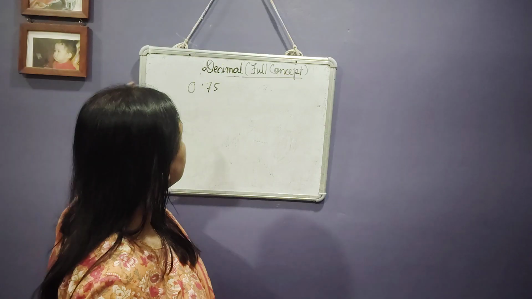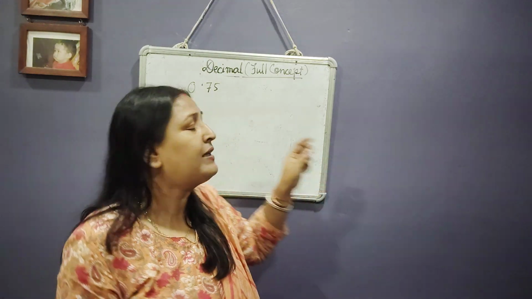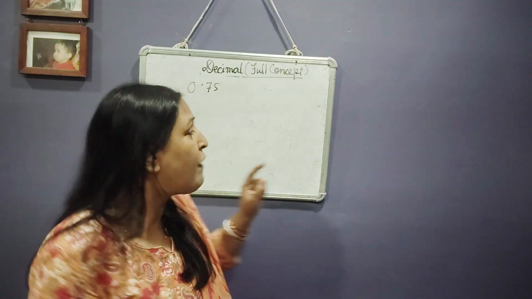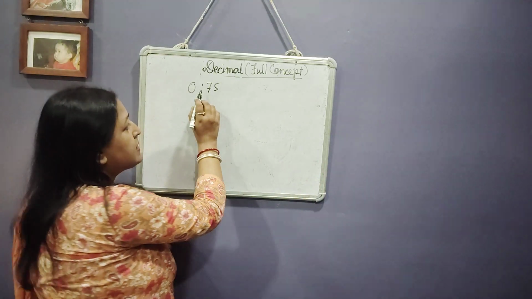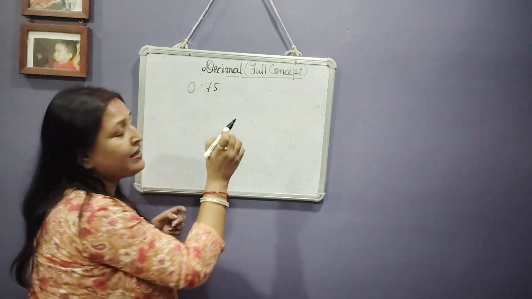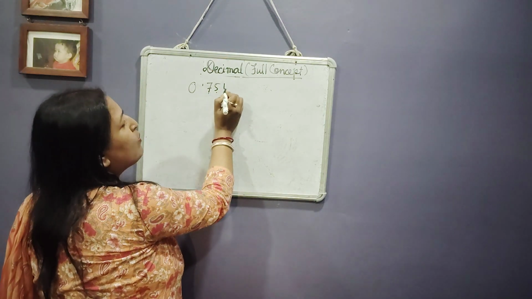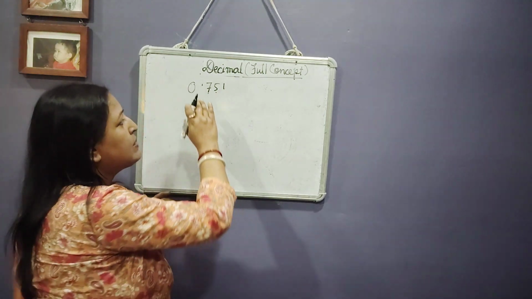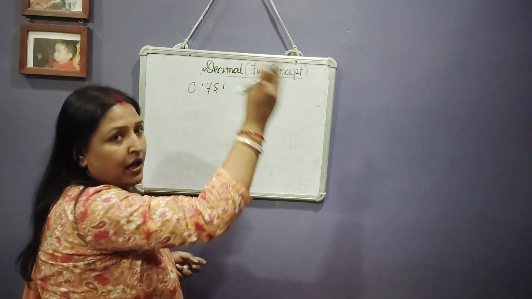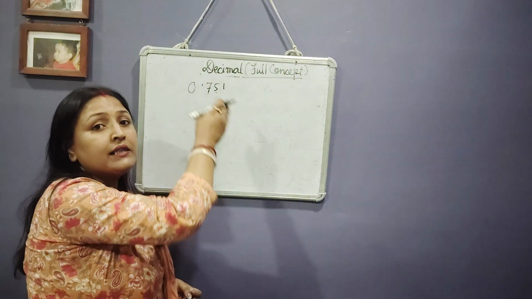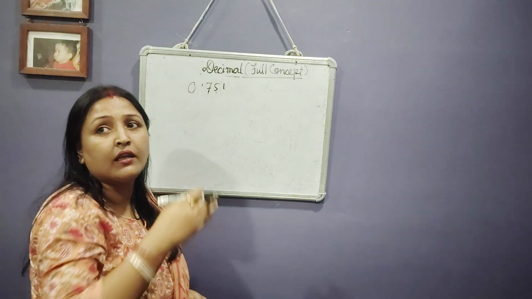What is the number? 0.75, that is 7 tenths 5 hundredths. So 5 is in the hundredths position. We will read it like this: 7 tenths 5 hundredths. Then suppose 1 is there, thousandths, like this. It will start from tenths, hundredths, thousandths, and the whole number starts from ones, tens, hundreds, thousands.